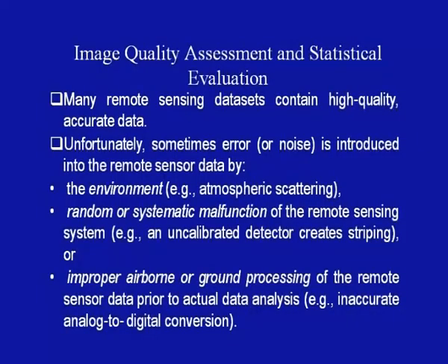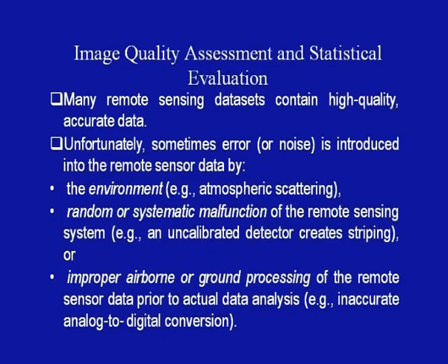The first task or process to be undertaken is the statistical evaluation of remote sensing data sets. As we know, many remote sensing data sets contain high quality and accurate data.